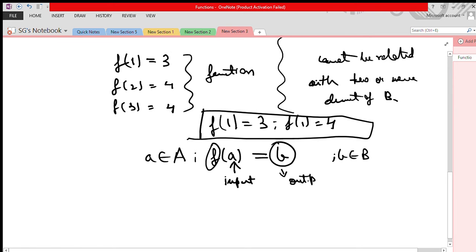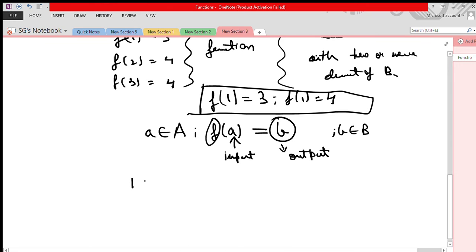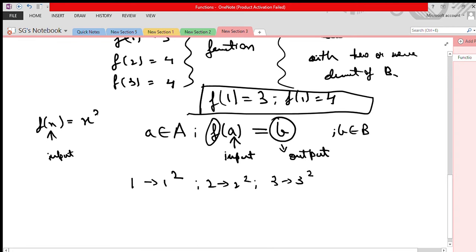Clear? For example, you want to transform 1 to its square, 2 to its square, 3 to its square. So what we can do is define a function f(x) where x is the input, and we transform it to x square.